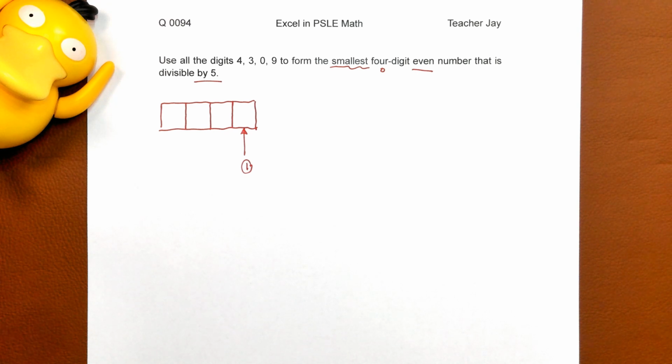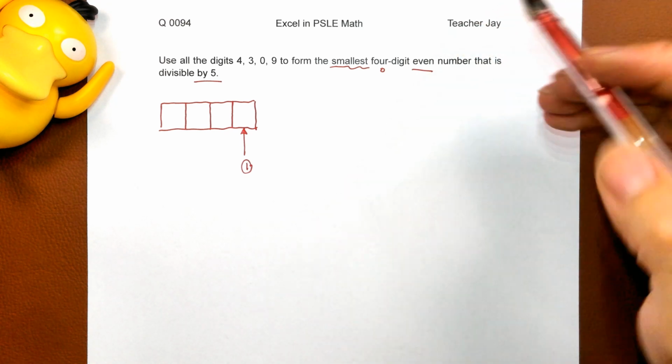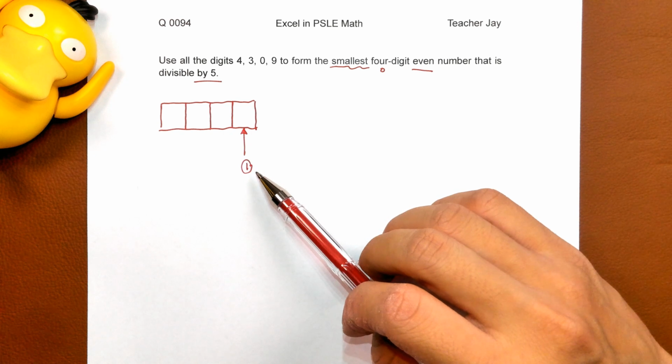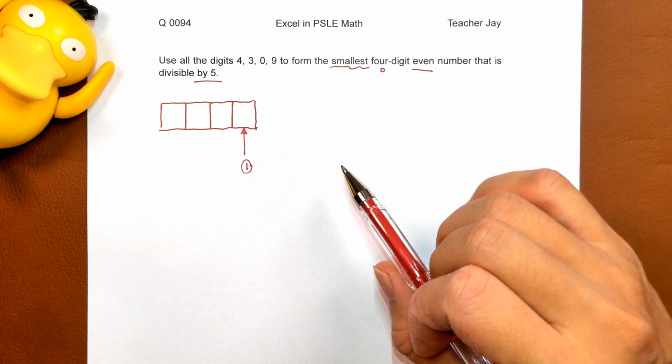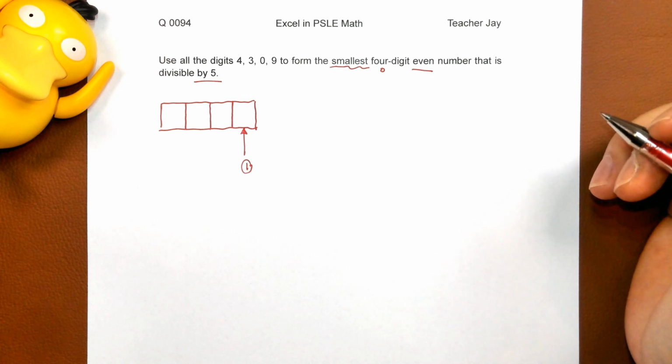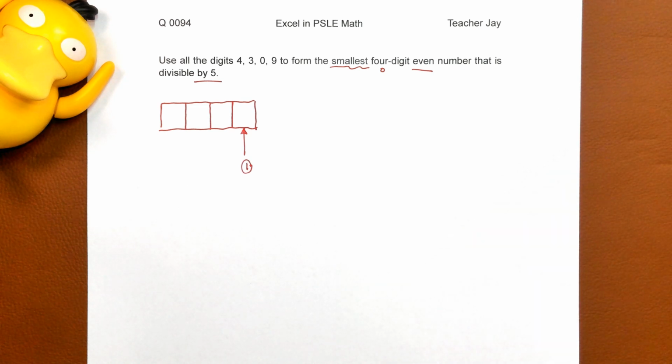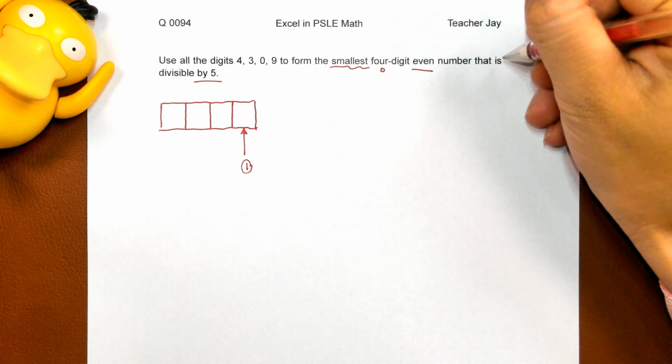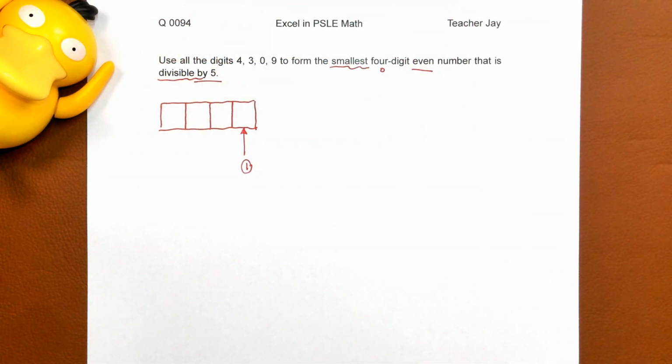So we must choose an even digit in this position. And for numbers that are divisible by 5, the digit in the ones place must be 0 or 5.